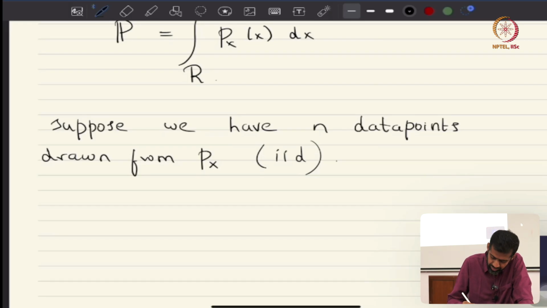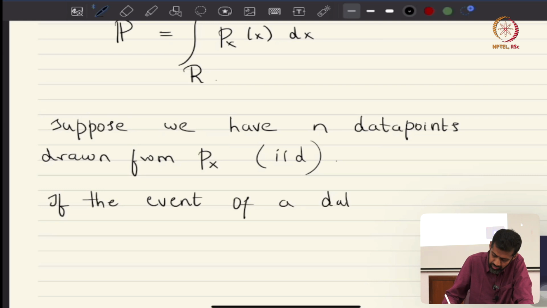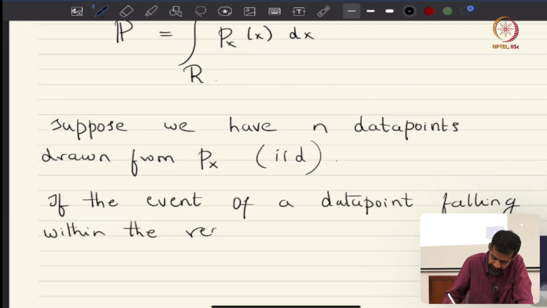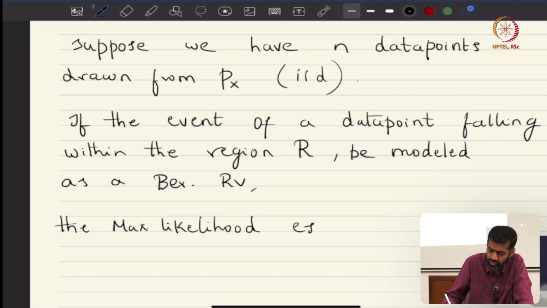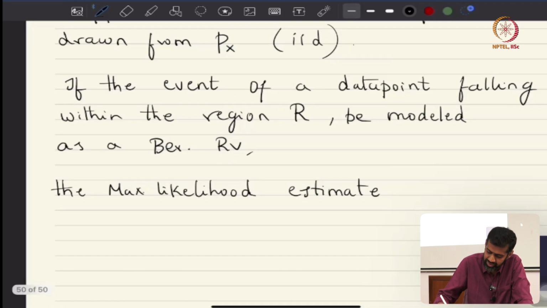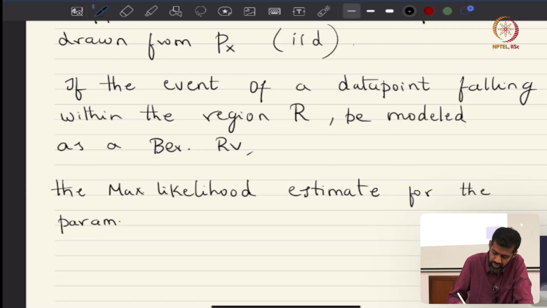Now, if the event of a data point falling within the region R can be modeled as a Bernoulli random variable, what is the ML estimate for the parameter of that Bernoulli random variable given by?